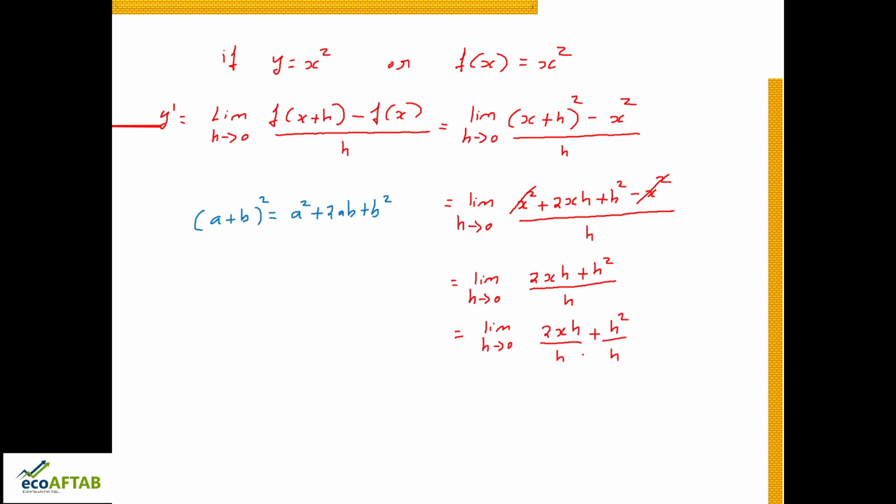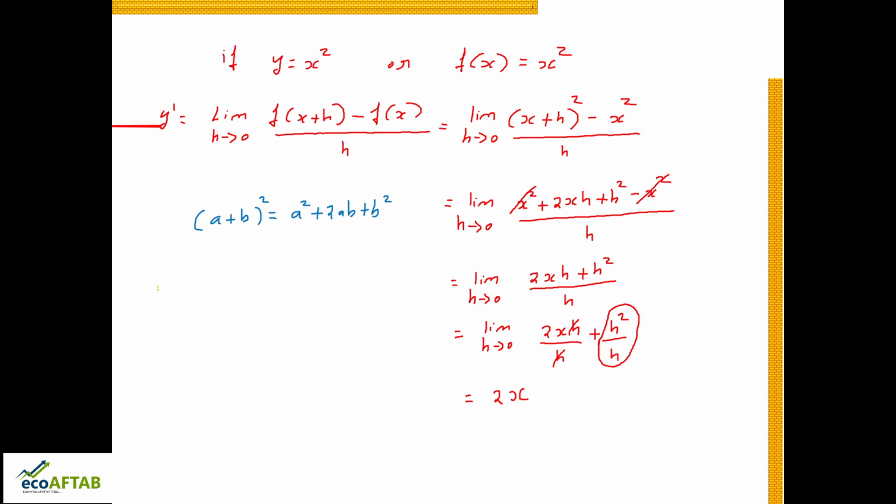And here if you see, this h and this h get cancelled, and as h is tending towards 0, this entire remaining term will be 0. So what remains with us is 2x. So if y is equal to x square is the original function, the derivative of this original function is 2x.